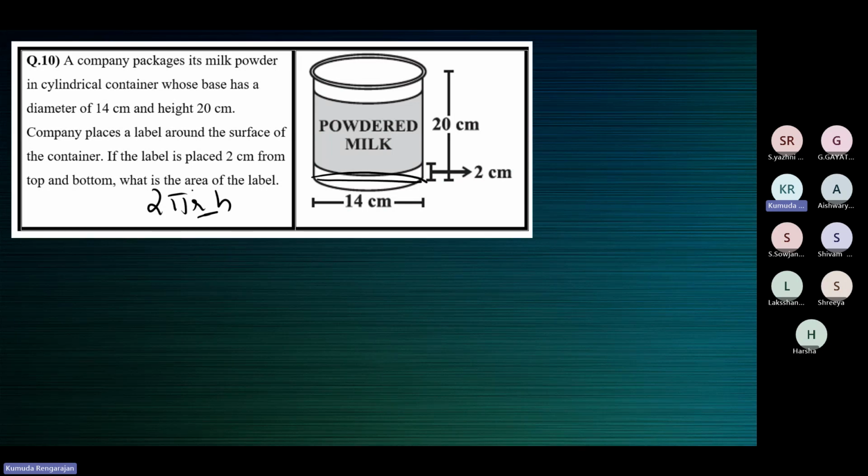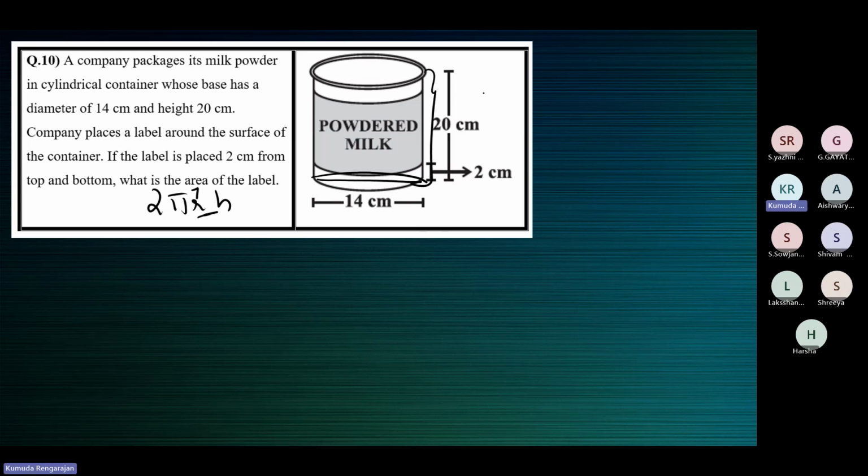So the radius is 7. Now, the height of the label is not equal to the height of the cylinder.